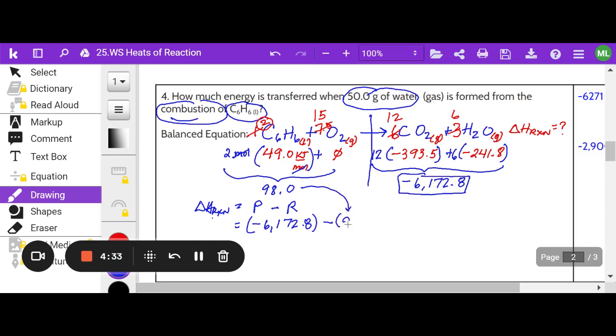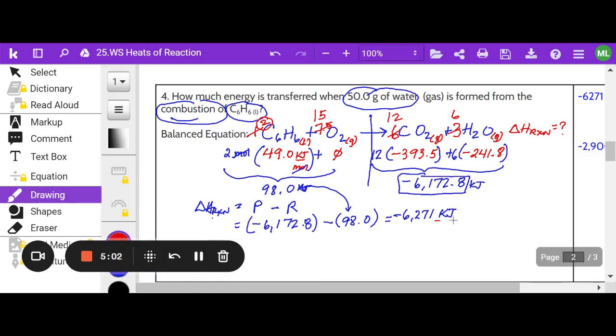This goes here, so 98.0. Okay. The units obviously will be in kilojoules because the moles cancel. So this is kilojoules. This is kilojoules. So the answer would be negative 6,271 kilojoules.